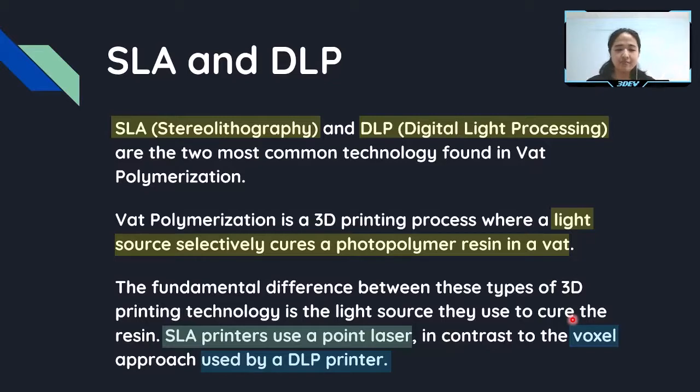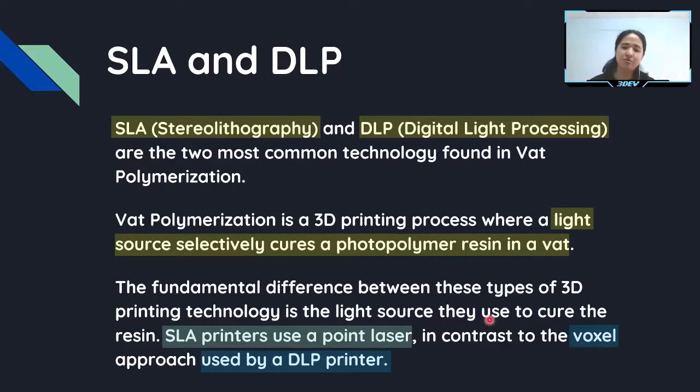The difference between SLA and DLP is that both use a light source to cure your resin, but SLA uses a point of laser, while a DLP printer uses a voxel approach.